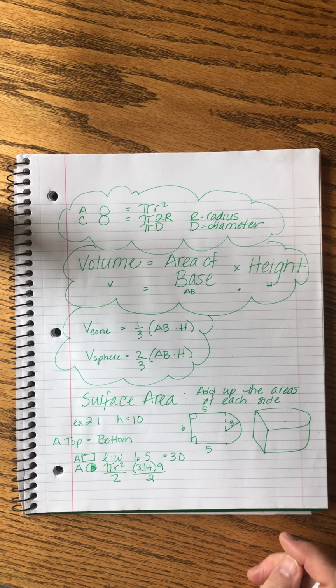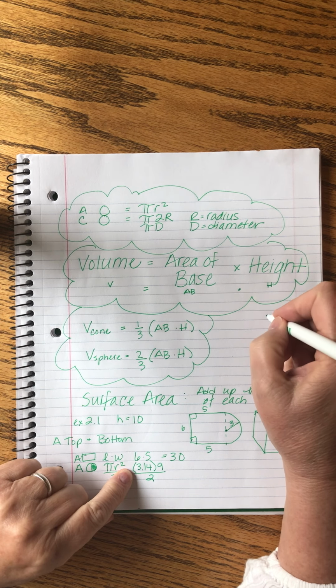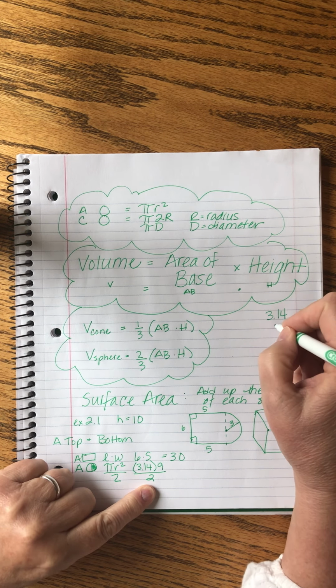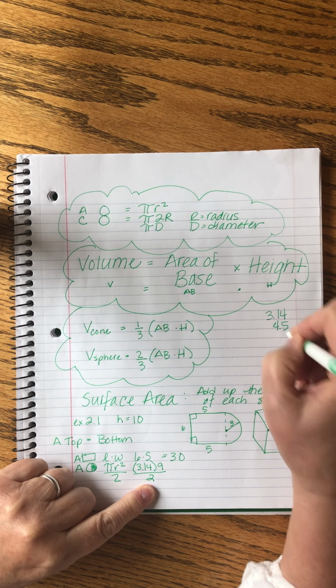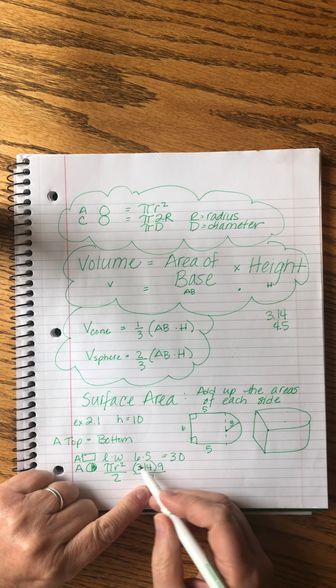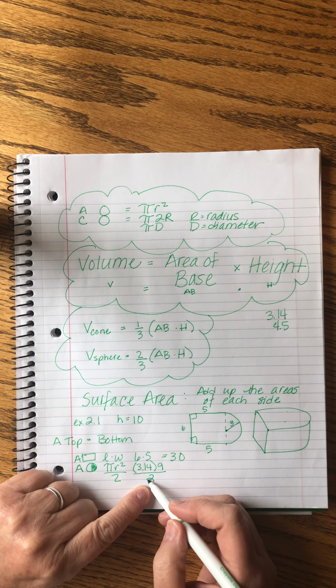Now I need to simplify that. I'll do it up here. What I'm going to do is I'm going to take 3.14 and I'm going to multiply it by 4.5. 9 divided by 2 is 4.5. That allows me to finish this calculation in one step instead of multiplying by 9 and then dividing by 2.